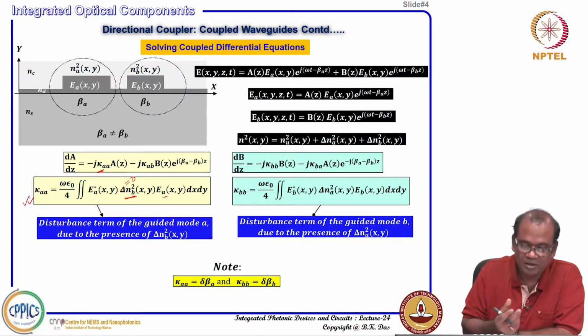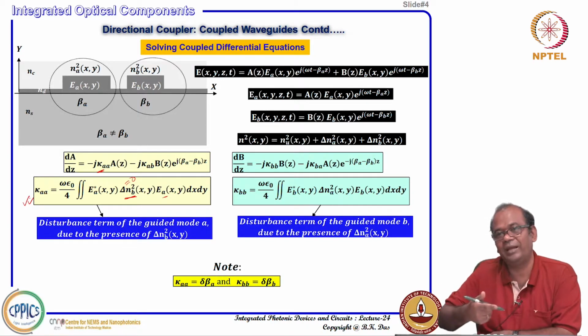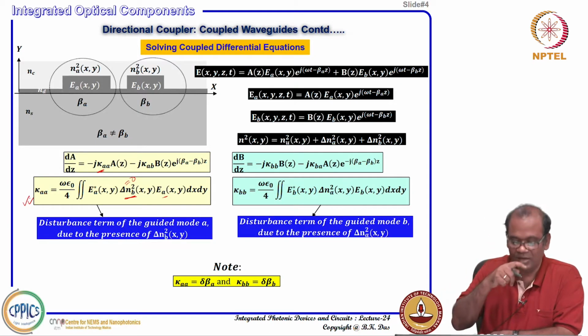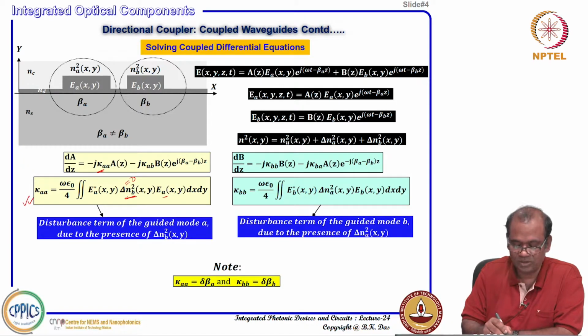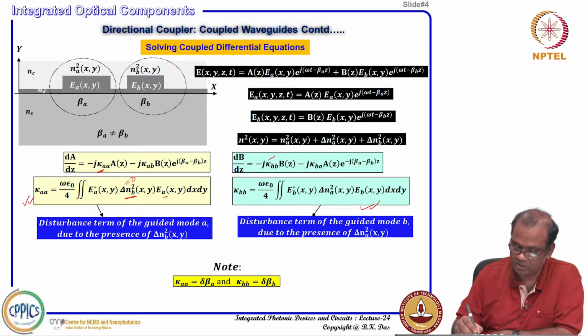That means something is contributing, because the evanescent tail from waveguide A is penetrating into waveguide B. That is why this delta NB square, the presence of the second waveguide, will disturb the waveguide mode in waveguide A. Same way for kappa BB, this term is defined like that.